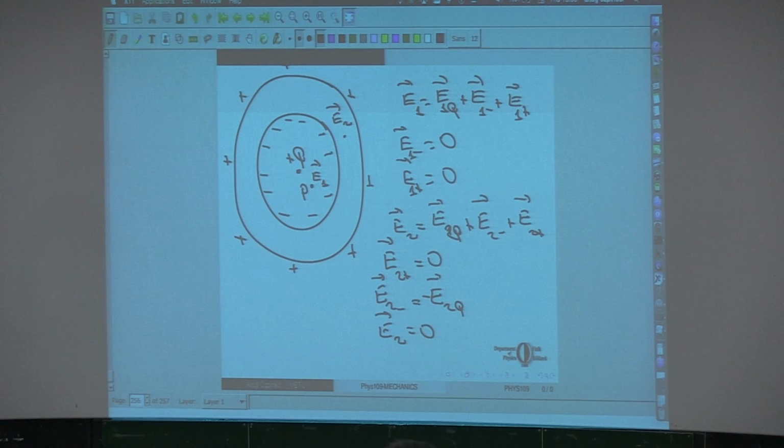I'm implicitly using Gauss law. I already know that inside the conductor, at least in electrostatics, the electric field should be 0. From Gauss law, I know that the positive charges do not create an electric field inside. This is 0, so the remaining two should cancel each other. Okay.